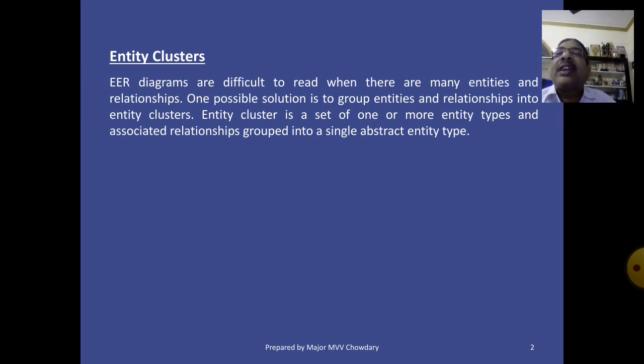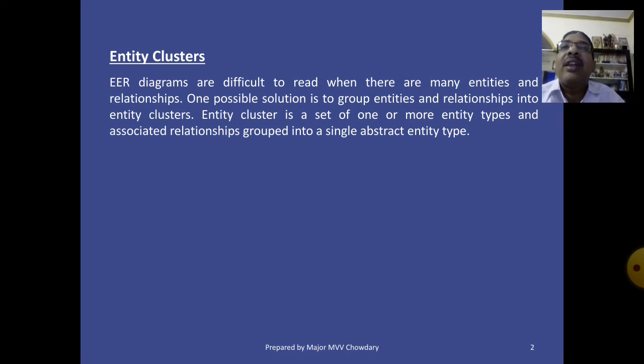An entity cluster is a set of one or more entity types and associated relationships grouped into a single abstract entity type. An entity cluster is a virtual entity type used to represent multiple entities and relationships in the ER diagram.